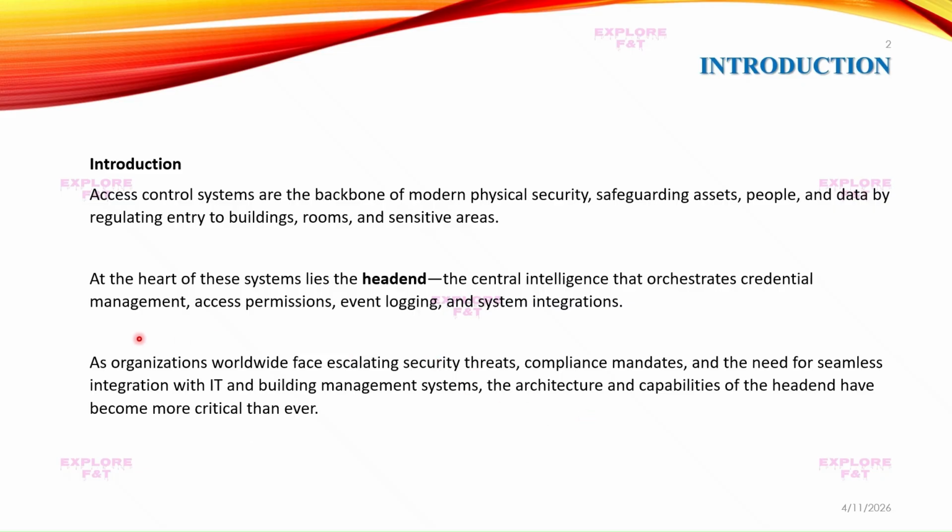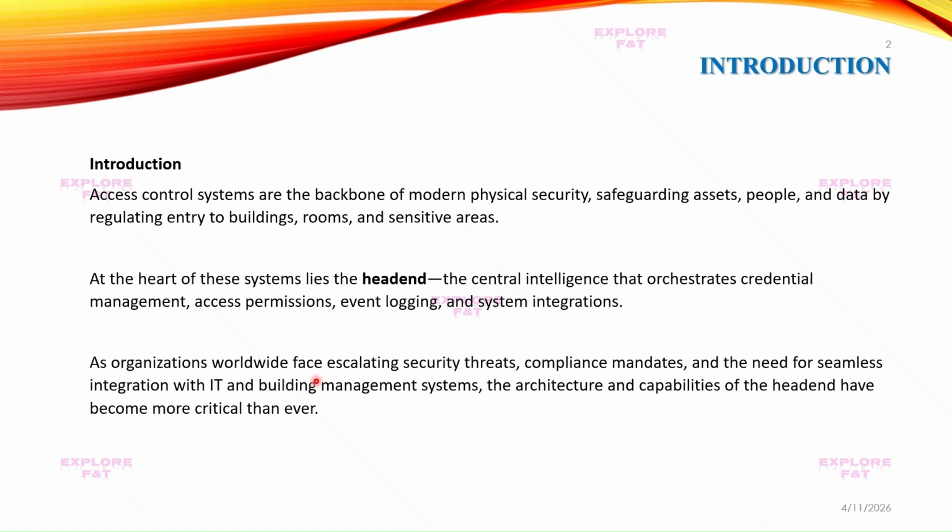Introduction. Access control systems are the backbone of modern physical security, safeguarding assets, people, and data, regulating entry to buildings, rooms, and sensitive areas. At the heart of these systems lies the head end, the central intelligence that orchestrates credential management, access permissions, event logging, and system integration.